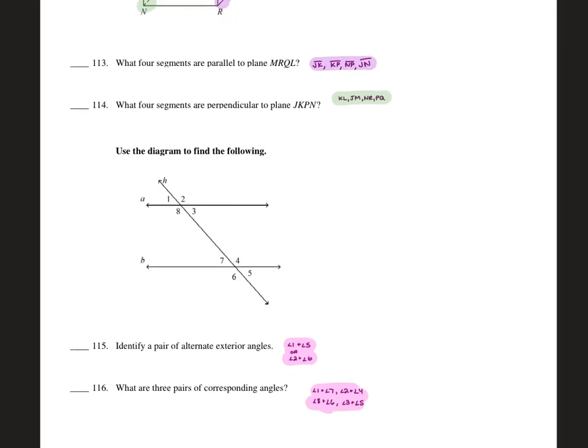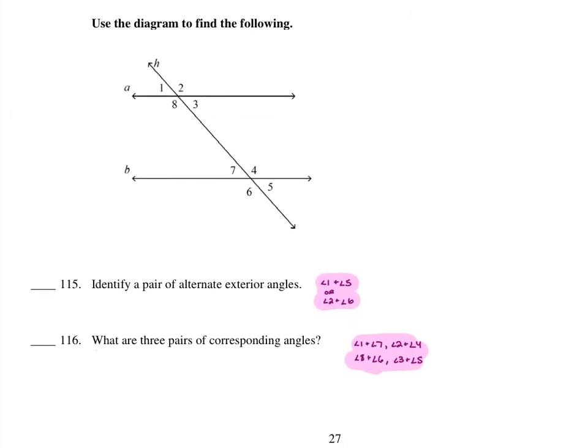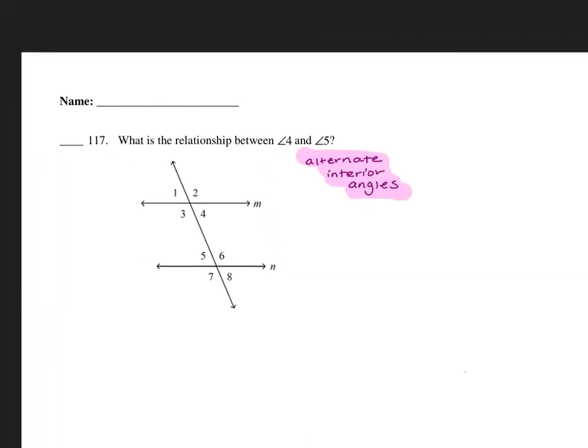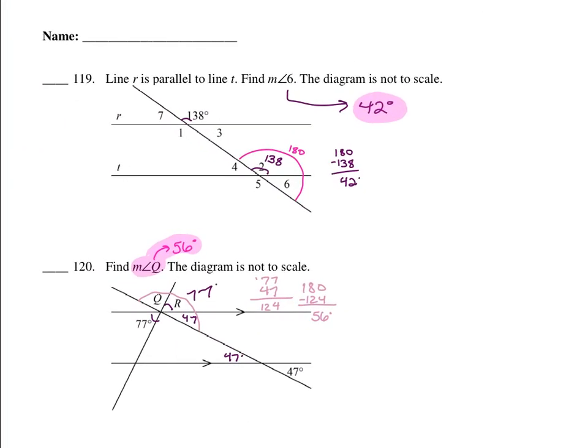Then comes your special angles, alternate interior, alternate exterior, corresponding, same side interior, all that stuff, or consecutive interior. So you want to be able to identify what kind they are from the diagram. And 4 and 5, these would be alternate interior. So they could match any of the angles on that diagram and ask you to identify their relationship. If they are parallel, then came all the theorems, right?